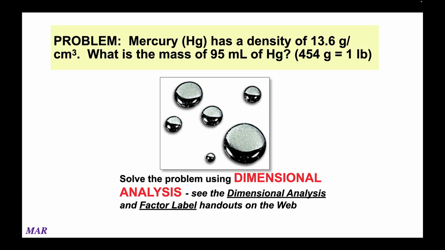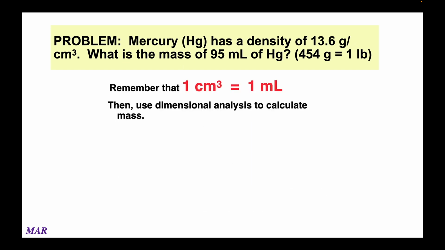That's a relationship between the grams mass of the object and the centimeters cubed or volume of the object, which is really cool. And again, along the way, remember that milliliters and centimeters cubed are the same thing. If you remember that a centimeter cubed and a milliliter are the same, you can use dimensional analysis then to calculate the mass. So 95 centimeters cubed times the density, 13.6 grams per centimeter cubed.